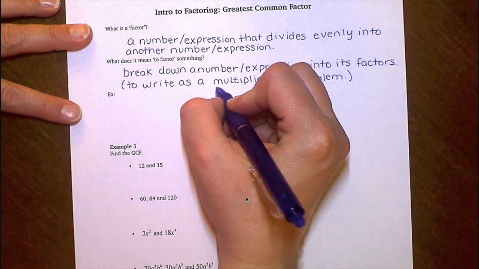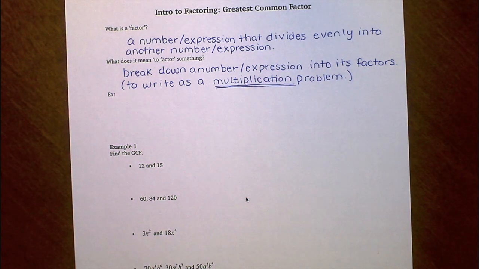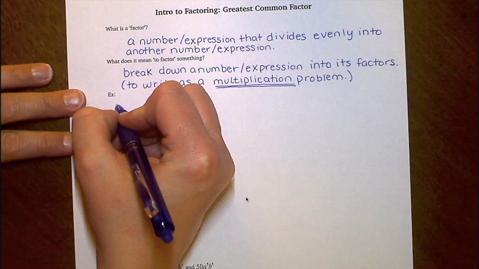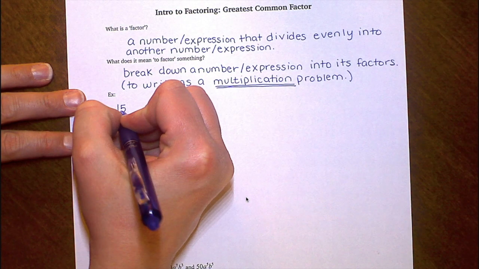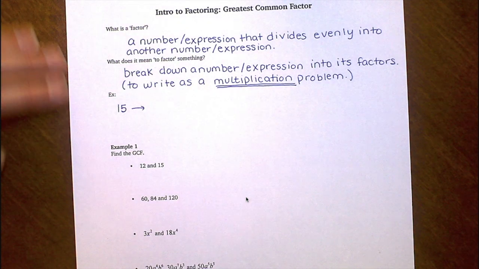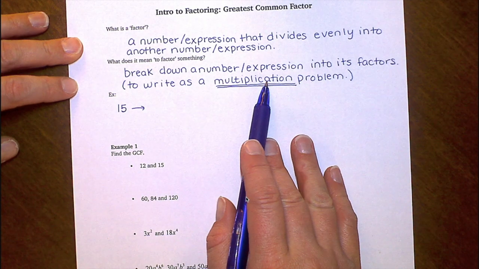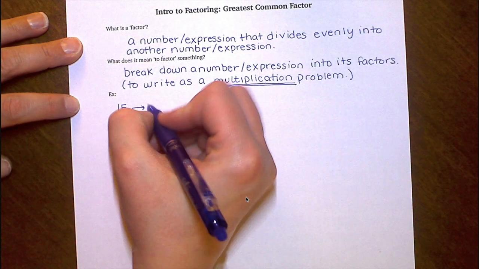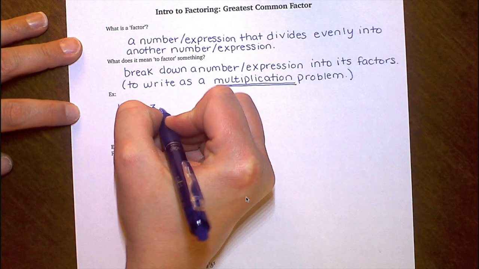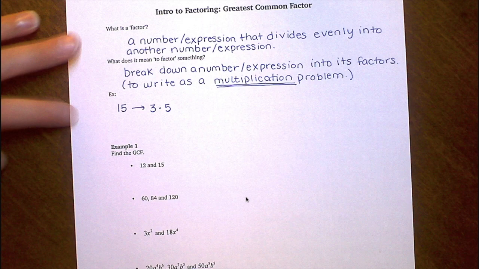And this word right here, multiplication, that's a very important concept in this process. Everything we do with factoring has to do with multiplication. So for example, if I take the number 15 and I ask you to factor it, I mean break it down into a multiplication problem. So I could write 15 as 3 times 5, and I now have it factored.